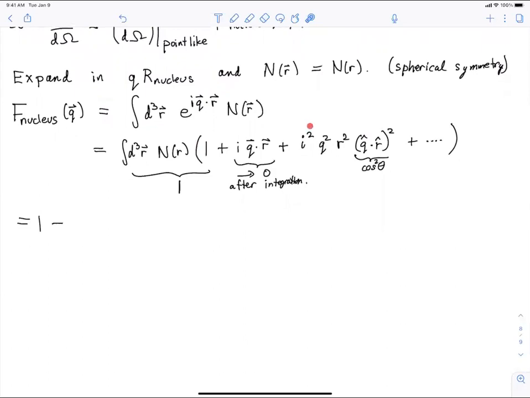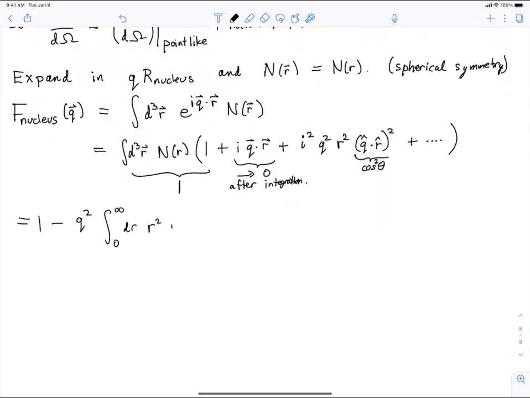minus, from squaring the I squared, q squared. And then I still have an integral to do. So there's an r squared from the d3r. There's an r squared from here.